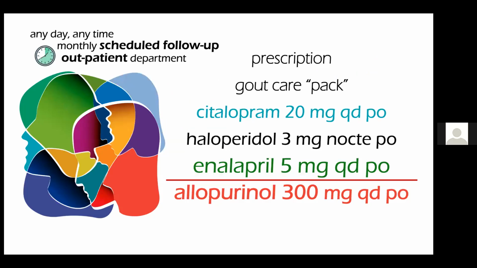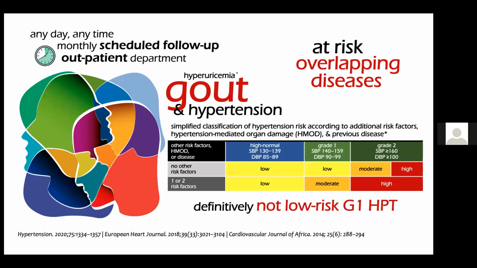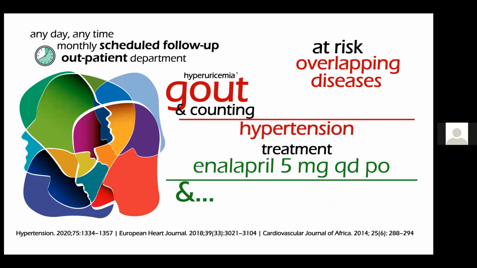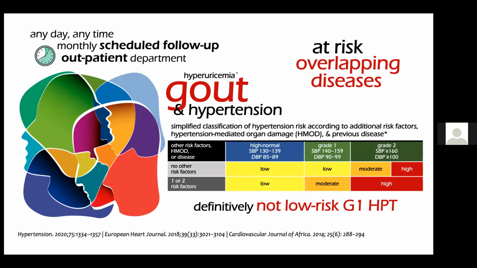So this was the treatment for our patient. As you can see, our patient had an abdominal circumference of greater than 92. So our patient was a grade 1 hypertension, but had at least one risk factor.